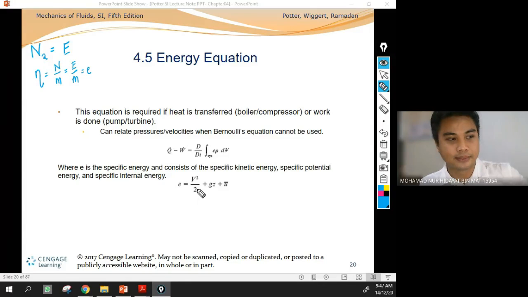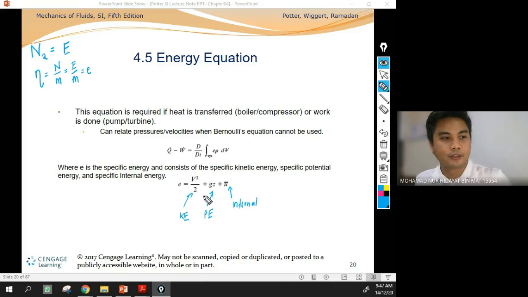Remember that energy over mass is related to three terms: the kinetic energy, the potential energy, and the internal energy. So if someone asks you what is the energy of the system, it is directly related to three terms only.